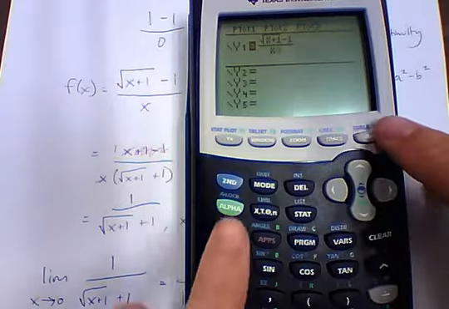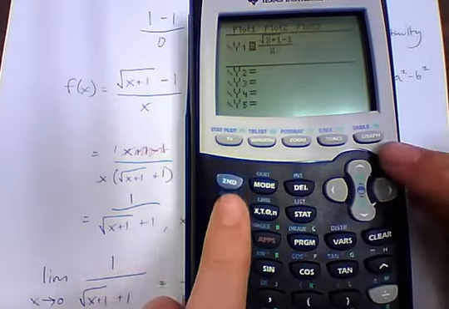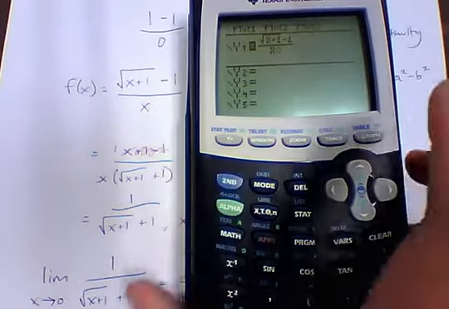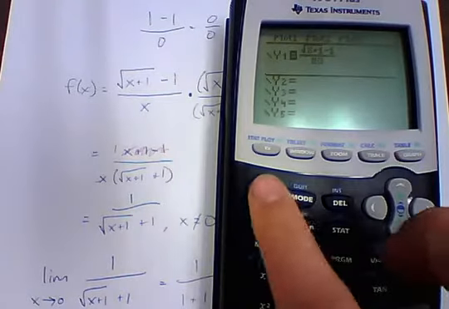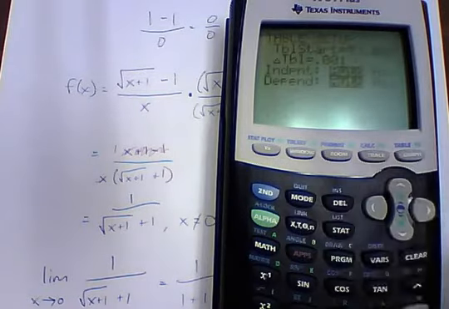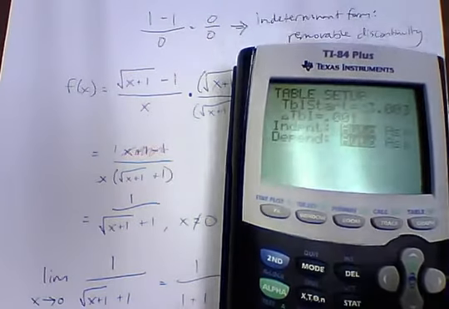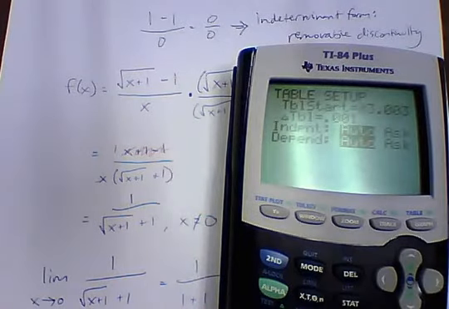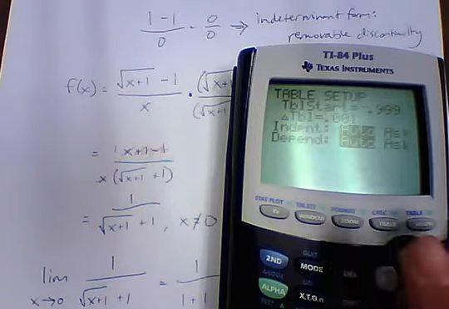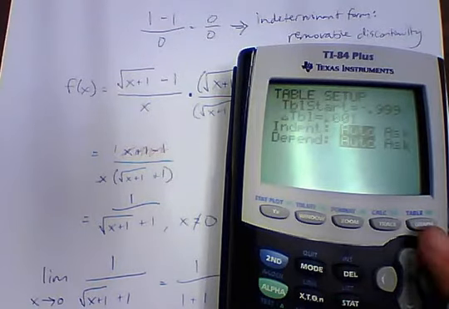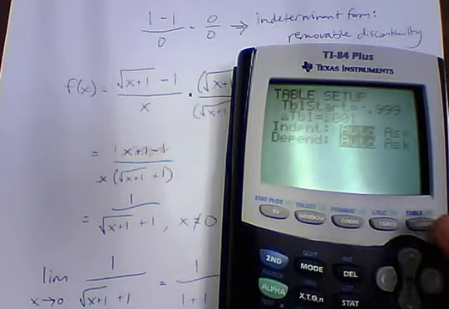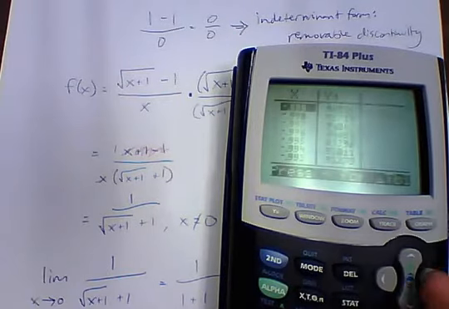Okay. And now if we press second and then window, we want to start our values close to 0. So let's make it maybe negative 0.999. And again, we can have that table change of 0.01. Now we press second graph.